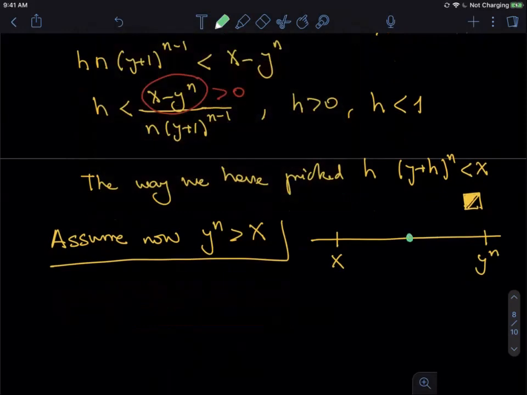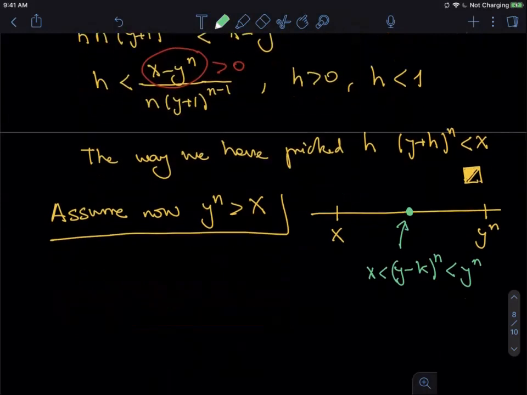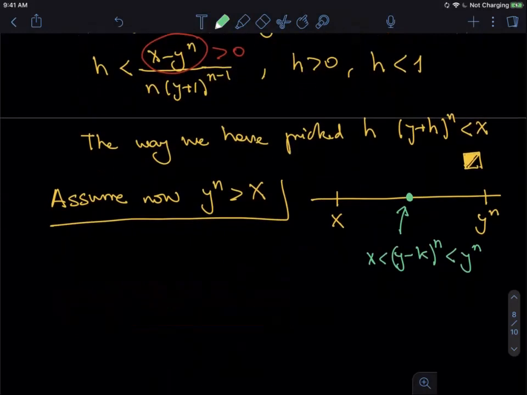Now y^n is bigger than x, and we want to find the in-between, and let's call it y minus k. Now we want something in between x and y^n. And now, because we are going to the left, instead of plus h, we call it minus k.